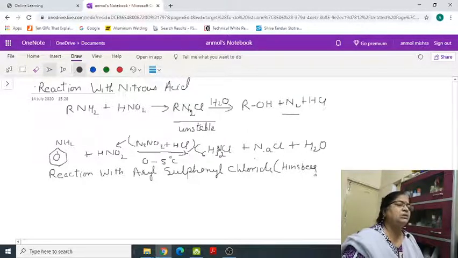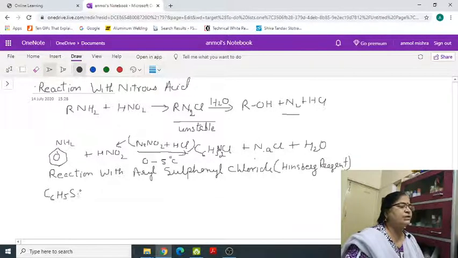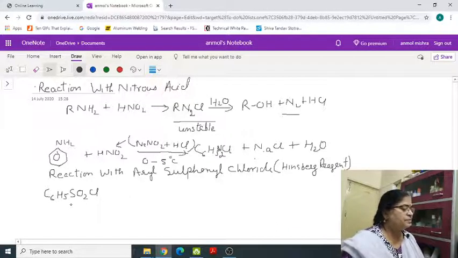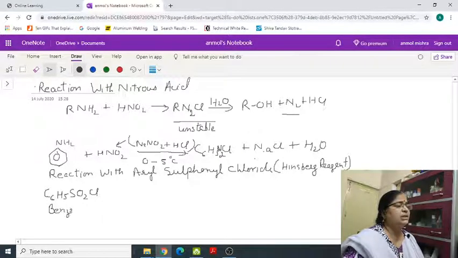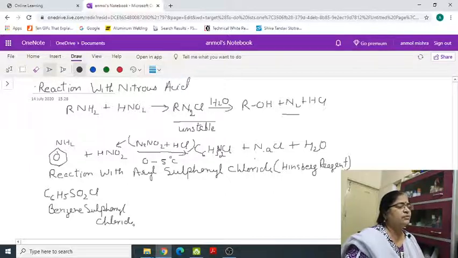Now Hinsberg's reagent is C6H5SO2Cl. It is called benzene sulfonyl chloride.